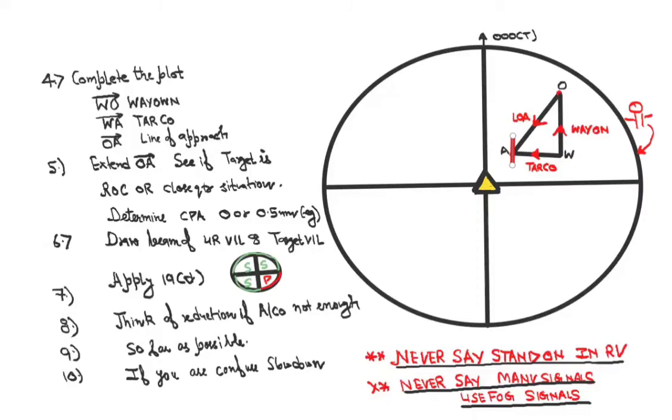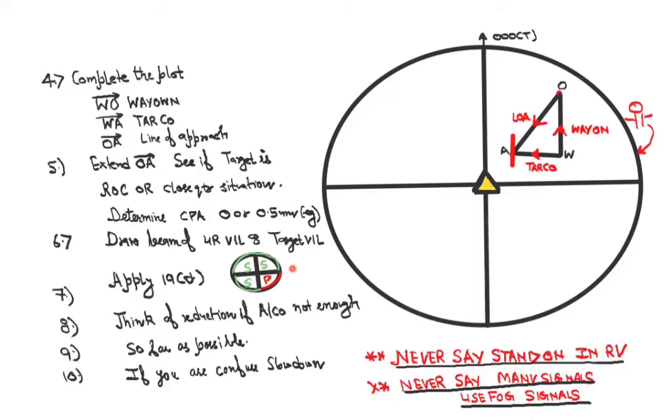All those sectors are mentioned there. For one sector over here, you will go to port, and for this sector, you will go to starboard. And for the other two sectors, you will go to starboard each, because it is forward of your beam.